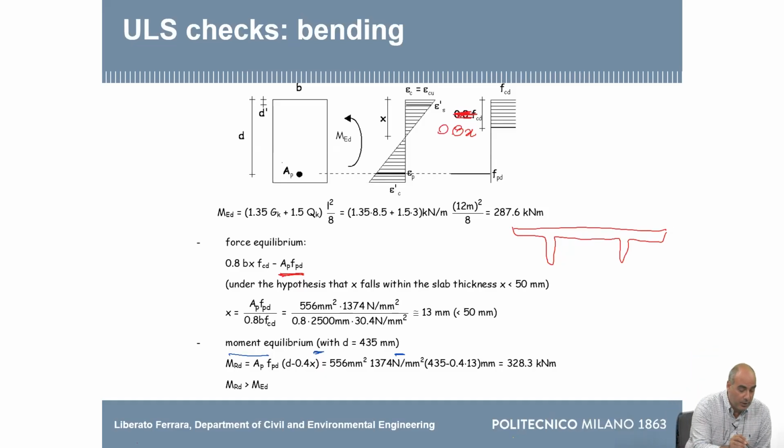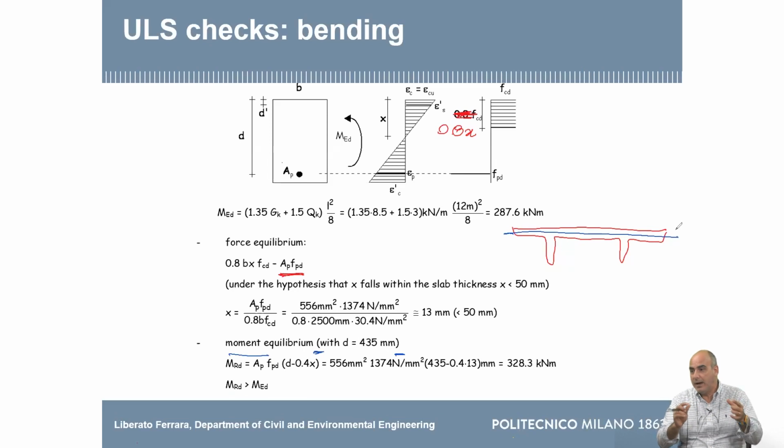But we know that the concrete under the neutral axis does not count. So if you hypothesize that your neutral axis is within the 50 millimeter thickness of the slab, what is below does not count and can have whatever shape it wants.